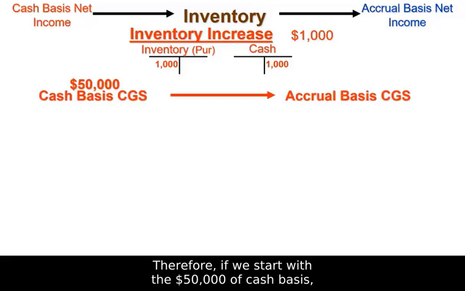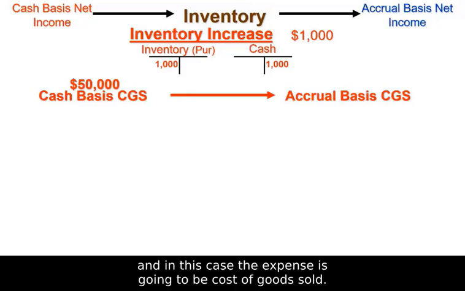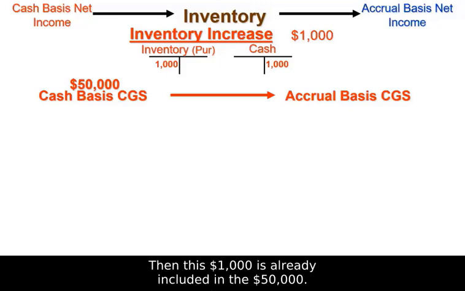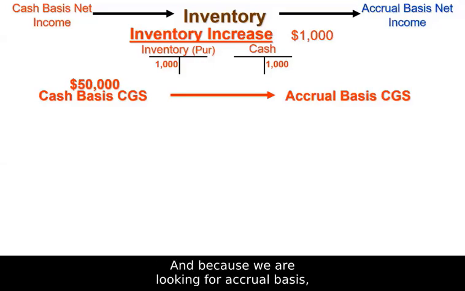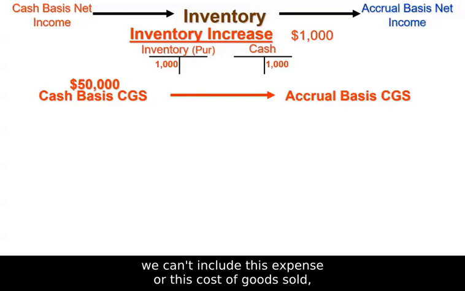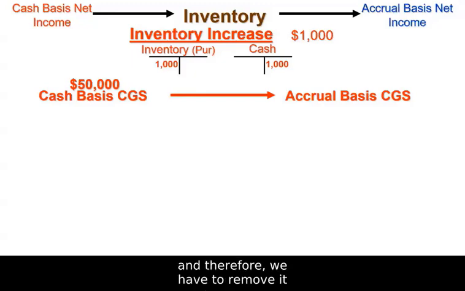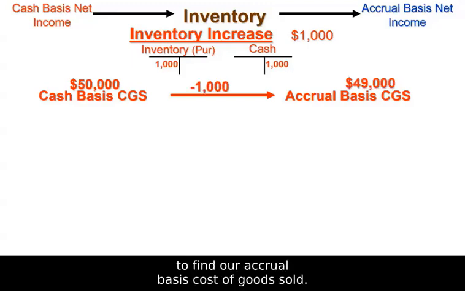And therefore, if we start with the $50,000 of cash basis, and in this case, the expense is going to be cost of goods sold, then this $1,000 is already included in the $50,000. And because we are looking for accrual basis, we can't include this expense or this cost of goods sold, and therefore we have to remove it to find our accrual basis cost of goods sold.